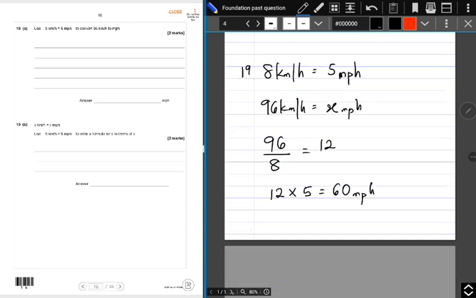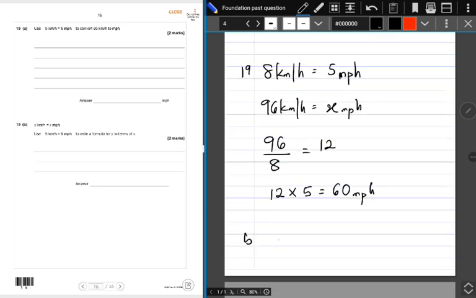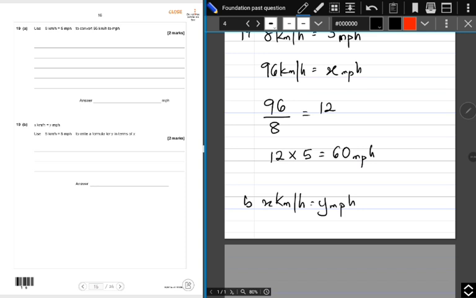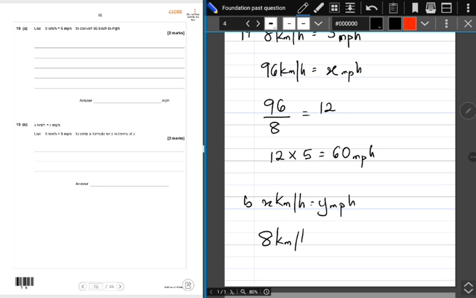So for B, we're saying x kilometers per hour equals y meters per hour. We are asked to use 8 kilometers to 5 meters to write a formula for y in terms of x. Okay, so for us to write this formula in terms of x, what we have to do is this. We have 8 kilometers per hour equal to 5 meters per hour.